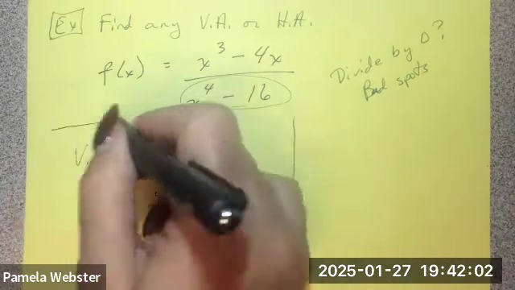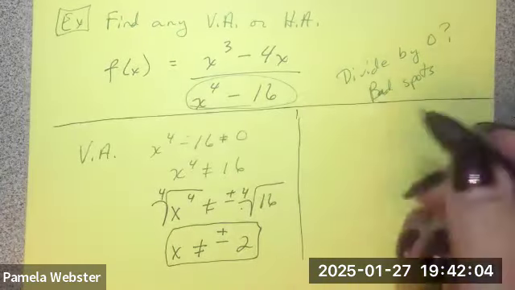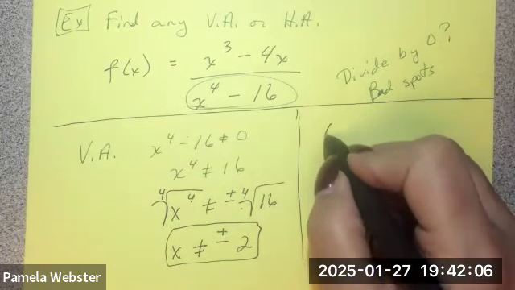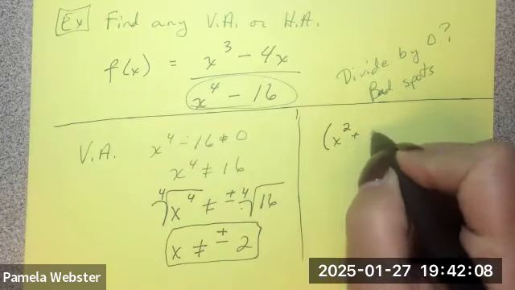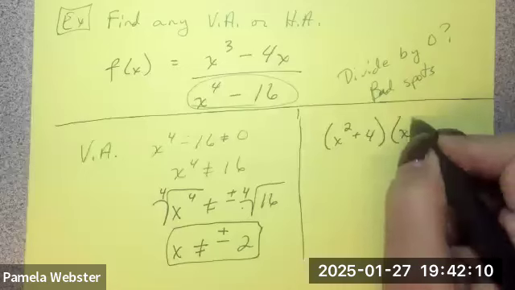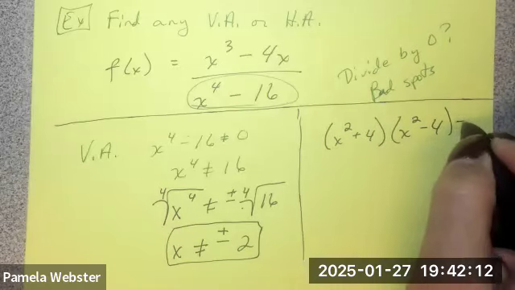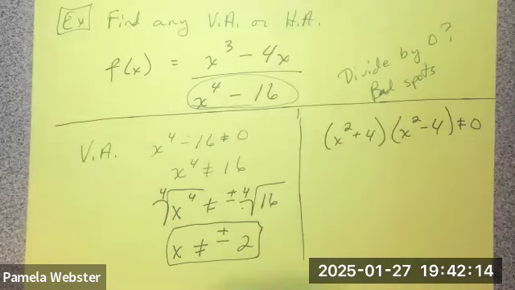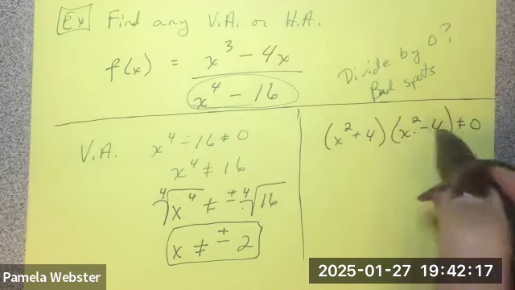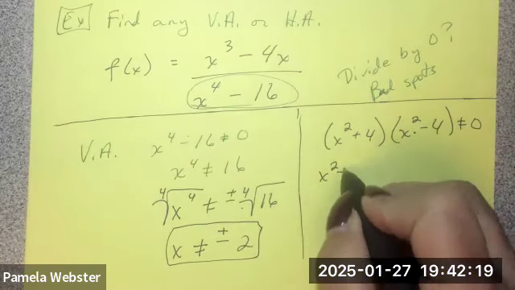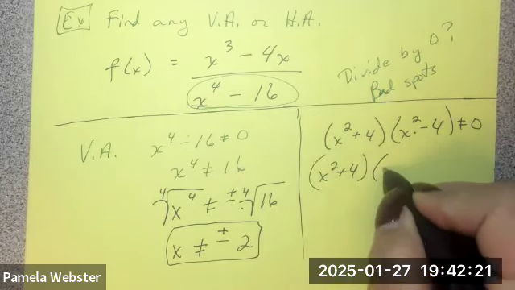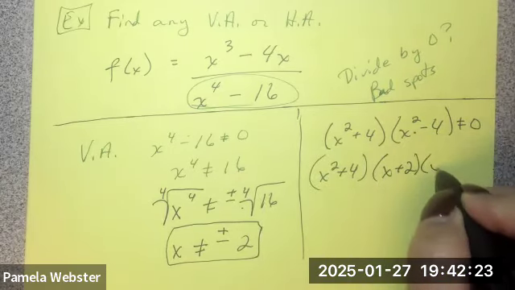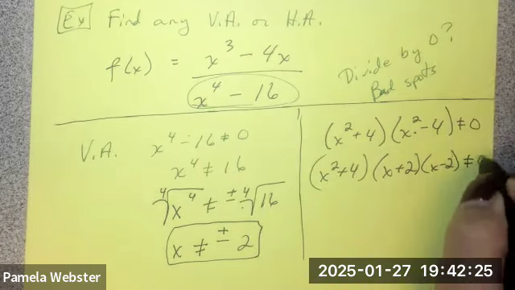If you are looking at this going, what in the world? You could have factored it also. x squared plus 4 times x squared minus 4 can't equal 0. And then this guy will factor. That's a difference of two squares. x squared plus 4 times x plus 2 times x minus 2 can't equal 0.